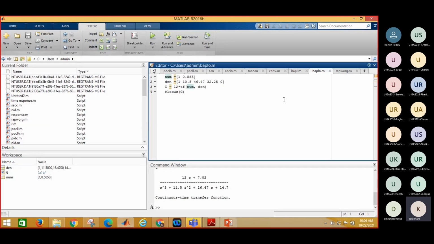Use this. You see here, the numerator has coefficients 1, 0.585. The denominator has s to the power 4 coefficient 1, then s cube is 10.5. One minute, we get 16.5.